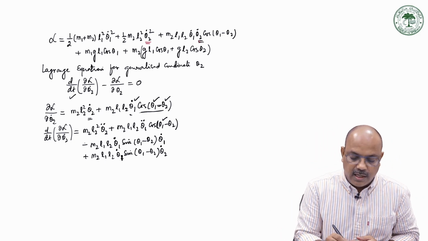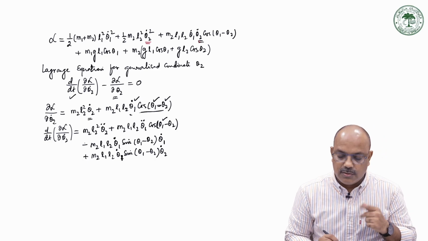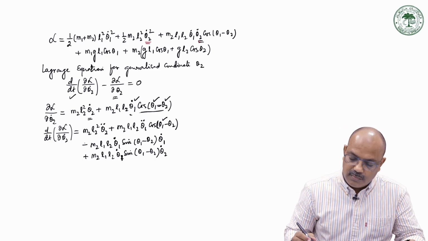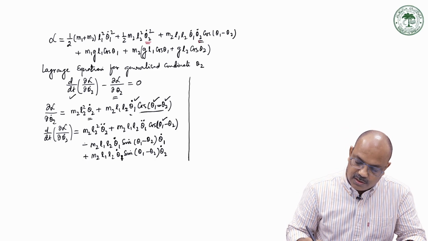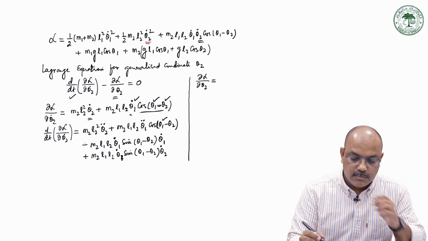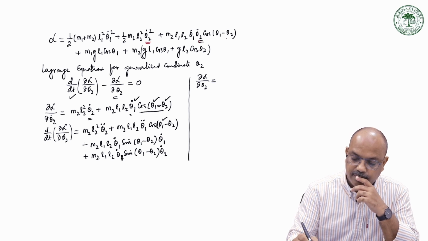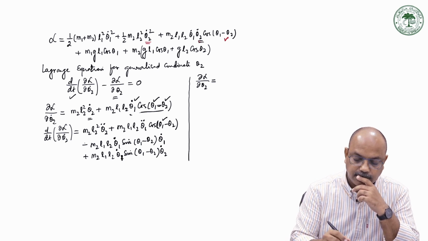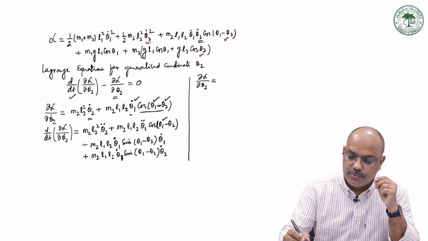Now I have to calculate this with respect to theta 2. So let us calculate this delta L by delta theta 2. Theta 2 I have here and here, so I'm going to have two terms.